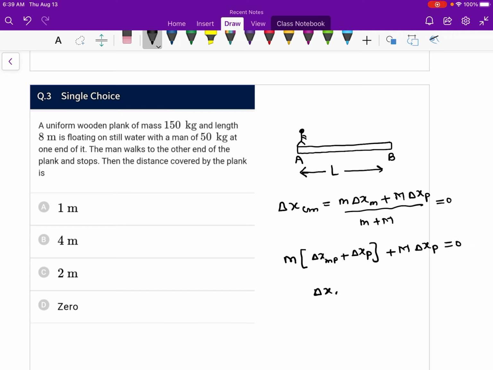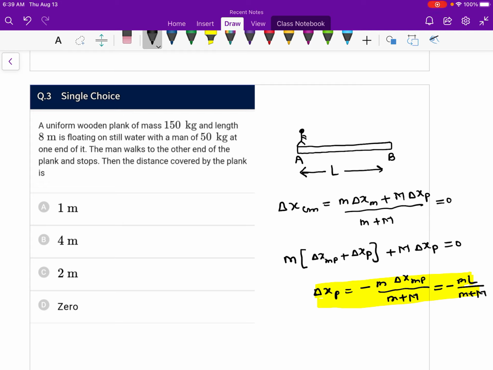So delta x of plank is minus m delta x mp upon small m plus capital M, that is minus mL upon small m plus capital M. So you can learn this as a formula as well for NEET. If L is the relative displacement of boy or an object with respect to the moving surface, then the displacement of moving surface will be minus small mL upon small m plus capital M. You can directly use this formula.